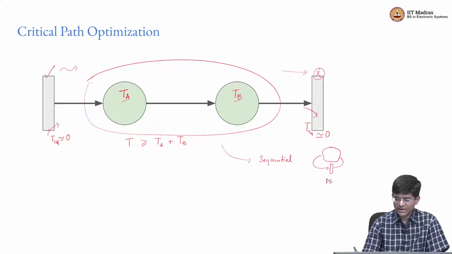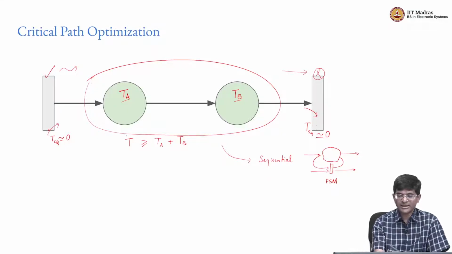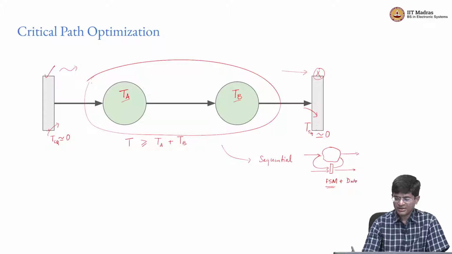This would constitute some kind of a finite state machine. It would take certain inputs, it would have certain outputs. Some of the inputs may go directly into the flops, outputs may come directly from the flops, but at the end of the day I can replace this entire internal structure with a finite state machine plus a data path that actually performs some computation, right.